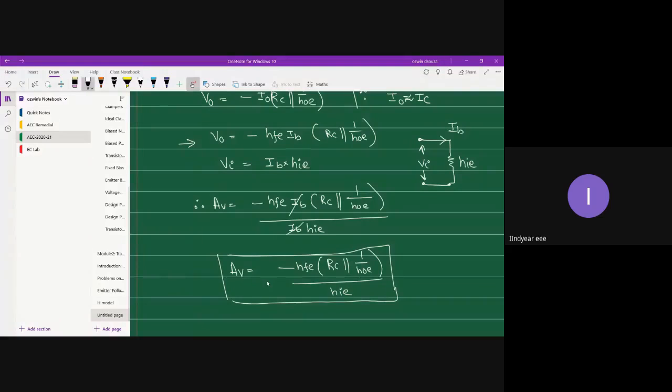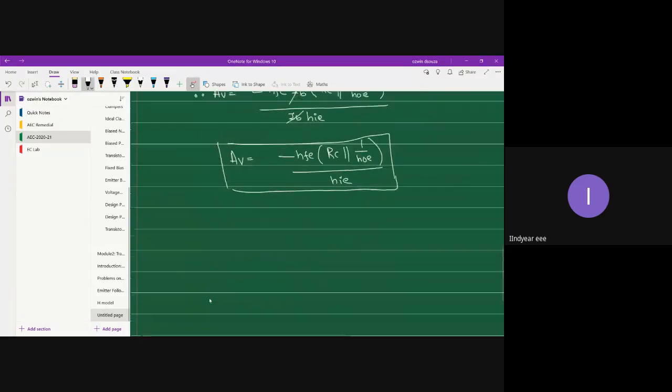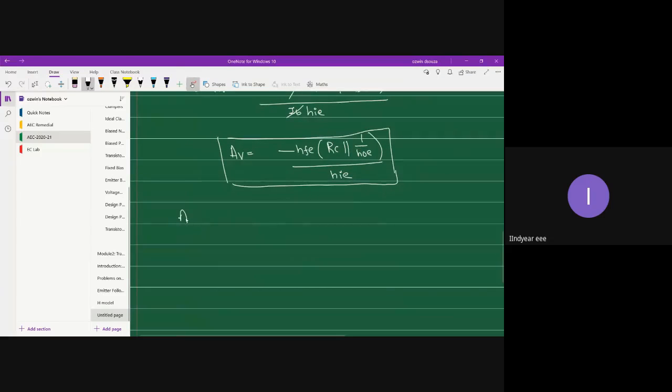Finally you have the current gain expression. In the current gain expression, you can write AI is equal to I naught by II. We know that I naught is equal to negative V naught divided by Z naught, and similarly II is equal to VI by Zi.